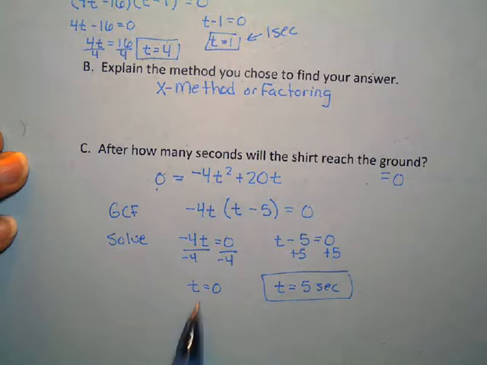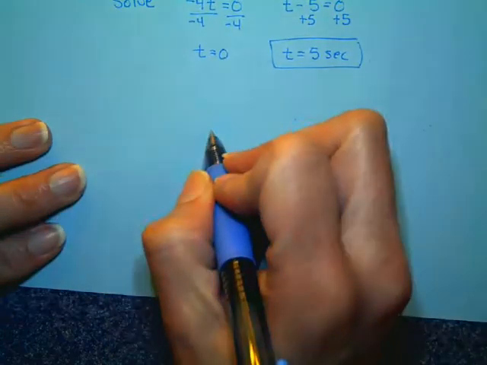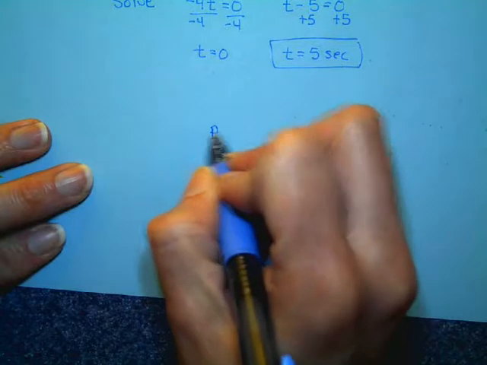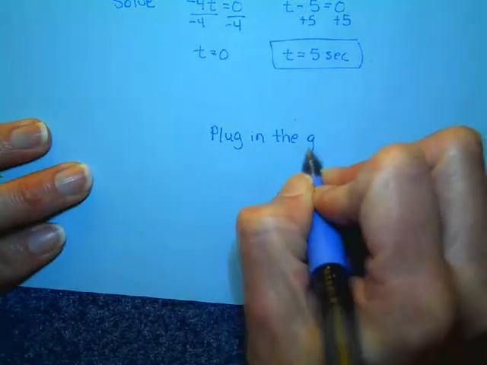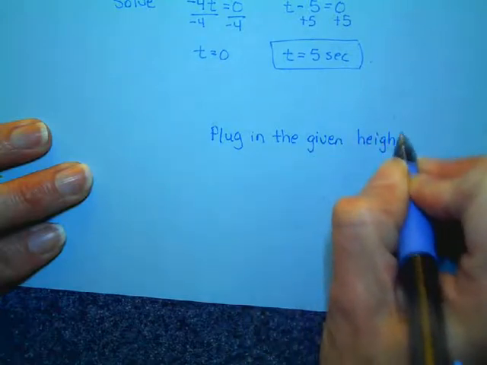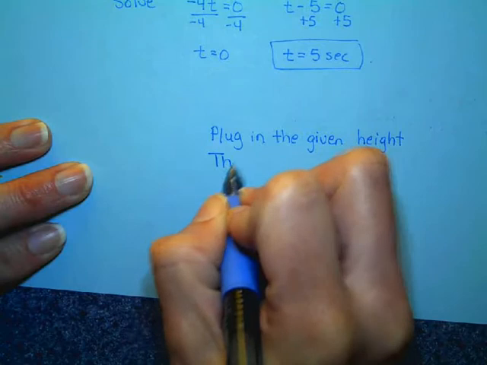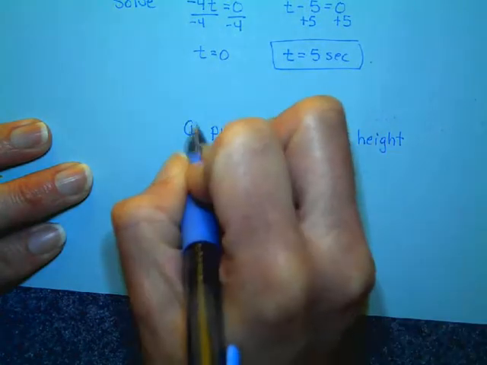Okay? So, choices in solving today. Our choices are: one, plug in the given height. Two, set equal to 0. Three, you're going to solve.